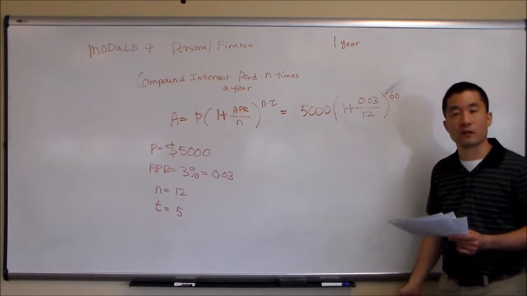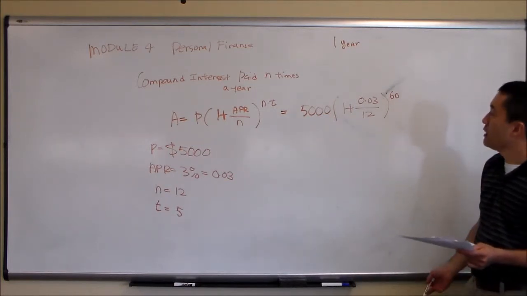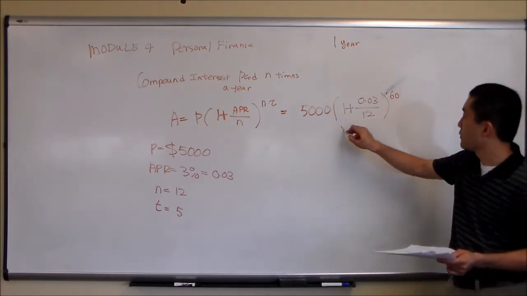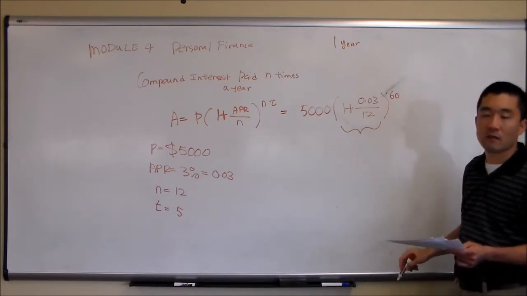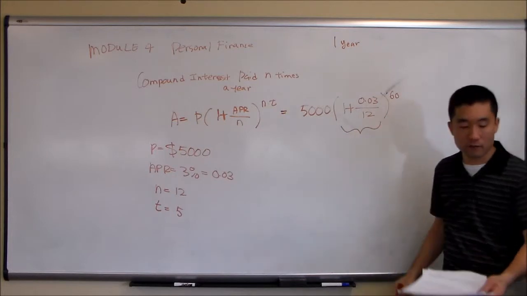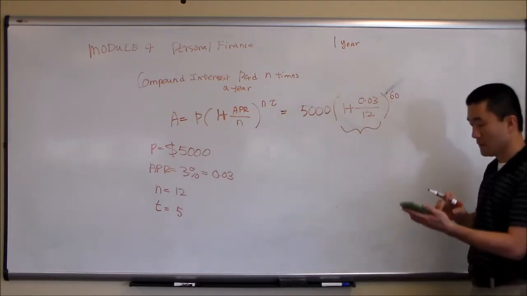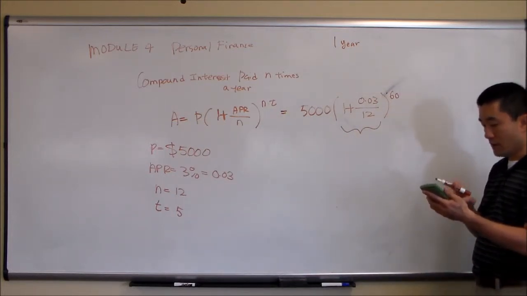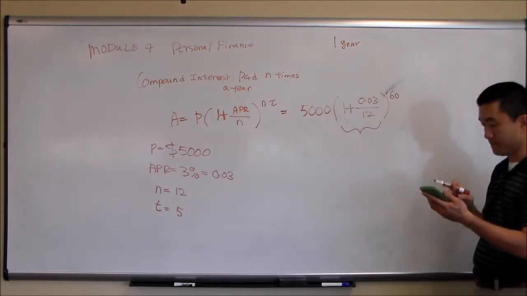Okay, so here's the general setup. It's easiest to do this part first, and then do this, and then do that. So let's figure out what's inside here. 1 plus 0.03 divided by 12.